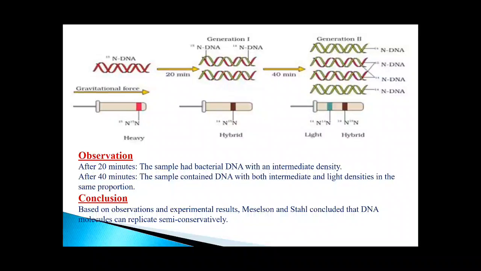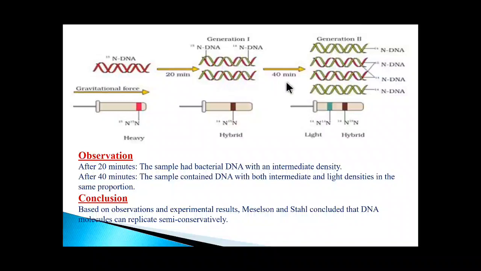Now here, you can see this one, the red one, the N15 acted as a template and made a new complementary N14 strand from the raw material available. So each new DNA molecule had one N15 and one N14 strand, hence had a density midway between N15 and N14.